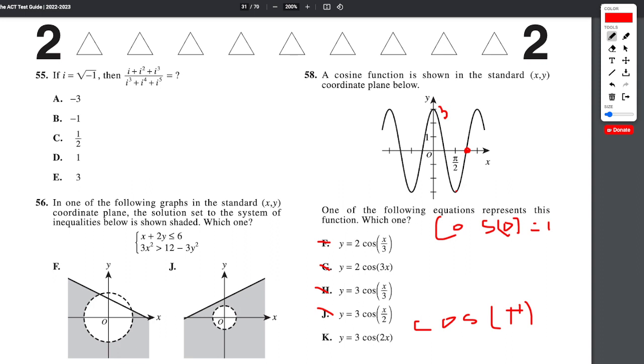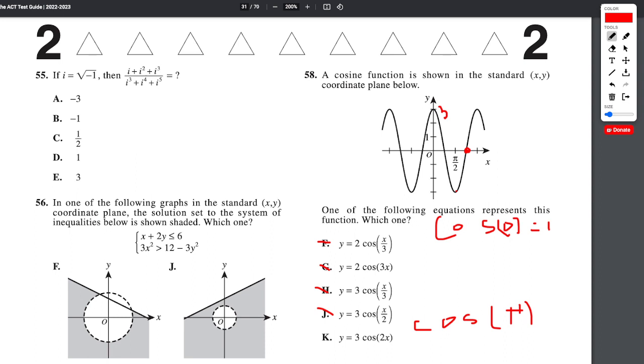This should be another pi over 2, so this would be 3 pi over 2. Oh, never mind.